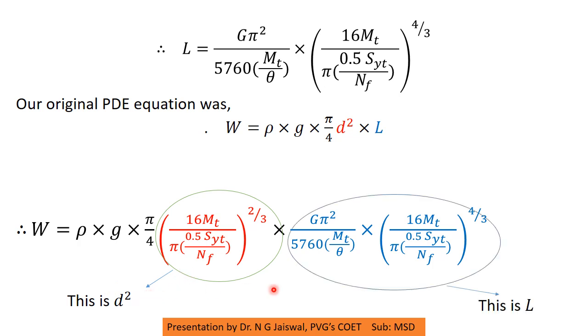So this is D square, as I told you, and this is L. From the basic equation of PDE, we replace this by D square and L now.